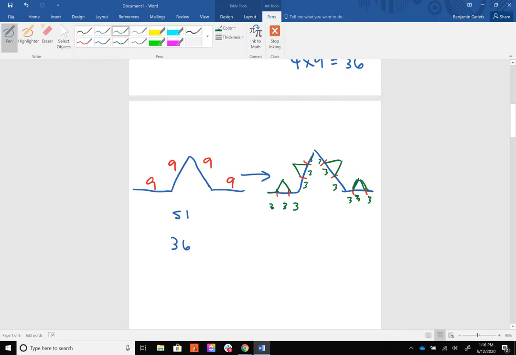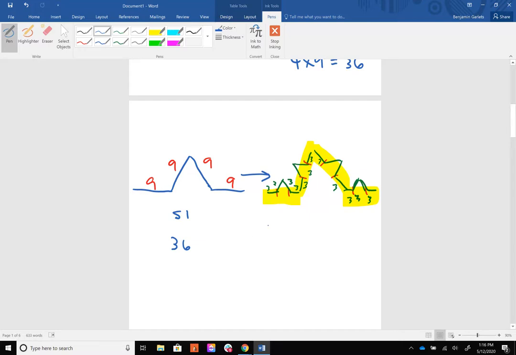So if I keep this green segment and I'm deleting the blues, which means I've got 4 3s for each of these. 4 3s. Okay, so let's do a little bit of math here.